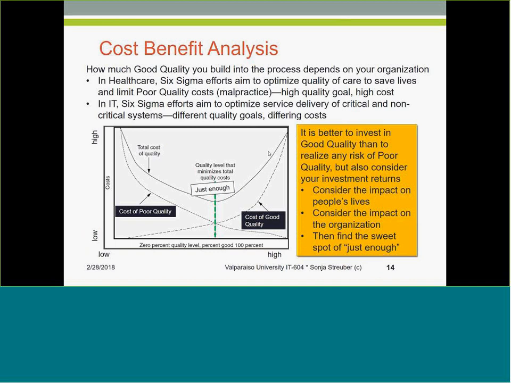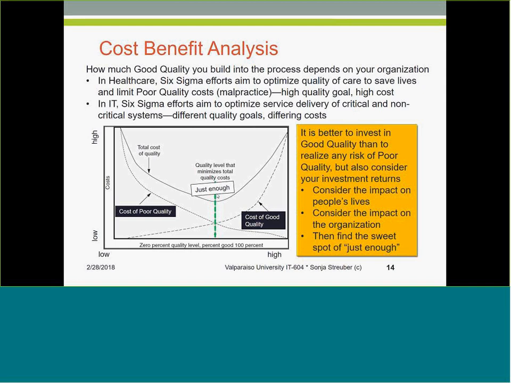So at that point, you're going to have to, and that's what your risk manager will typically do, do the math and look at, well, what is the cost of poor quality, what is the cost of good quality, and where is it likely that these two will break even, and that's what we have right here, right, at this point.